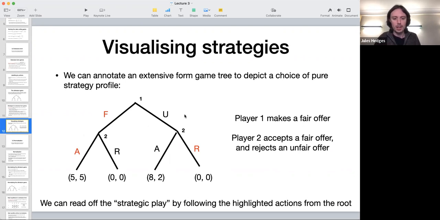So here, this is the strategy profile where player 1's strategy is to make a fair offer, and player 2's strategy is to accept if it's a fair offer and reject if it's an unfair offer. And with this kind of picture, we can very easily read off the strategic play, which is the play that happens from the players following the strategy profile. Namely, we always follow the highlighted action. So we start here, we follow the highlighted action, and we end up here.